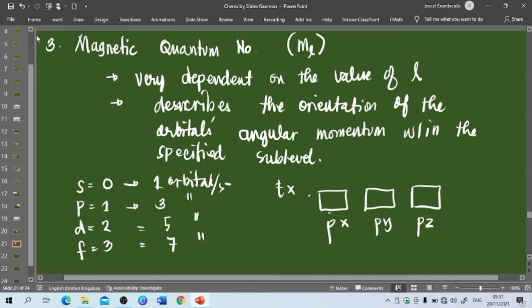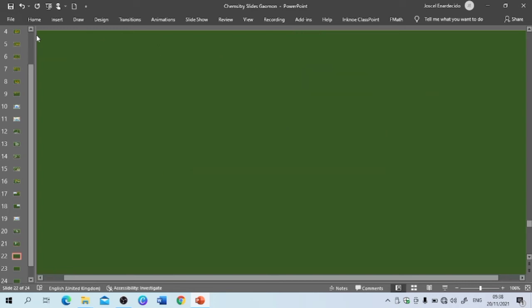For example, the magnetic quantum numbers of the P sublevel are -1, 0, and positive 1. So here, you can identify whether an electron is found in the px orbital, in the py, or is it present in the pz orbital.